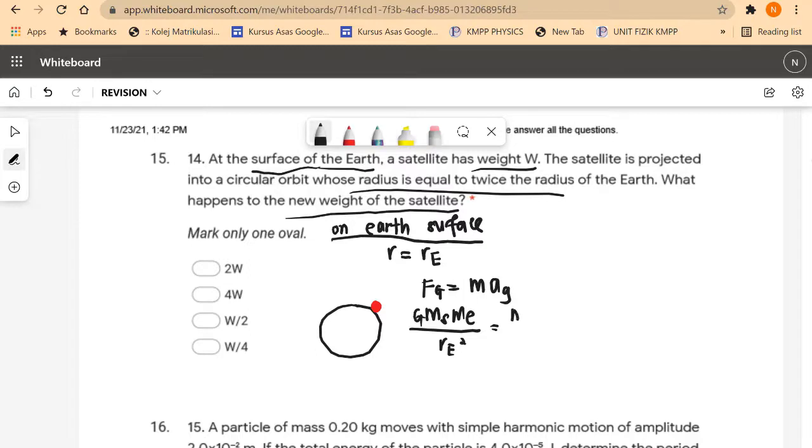So M here is the mass of the satellite times Ag, so you can cancel the mass of the satellite.